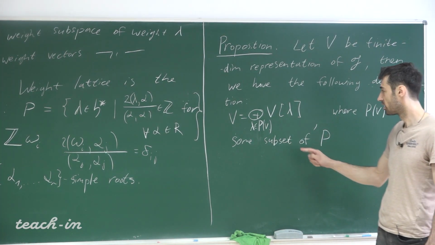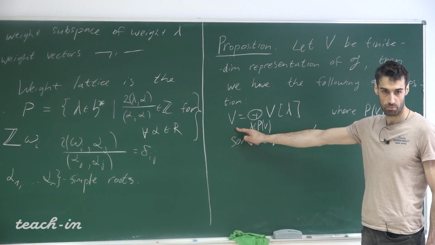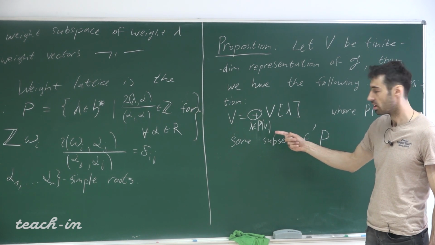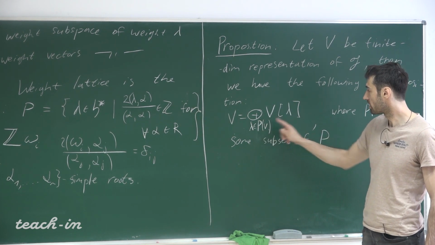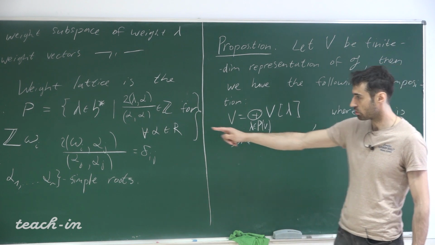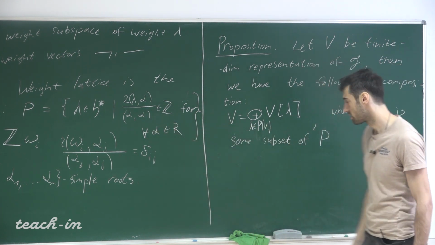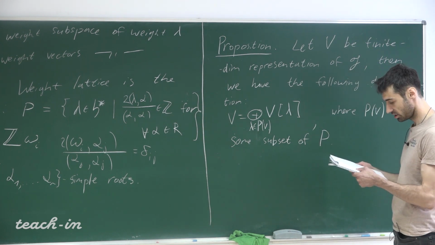First one is that V admits weight decomposition, so it is a direct sum of its weight subspaces. But then I also claim that the weights belong to the weight lattice.